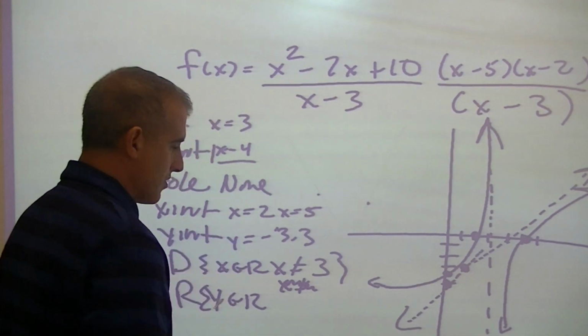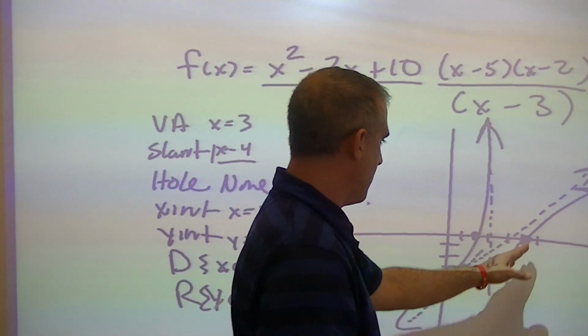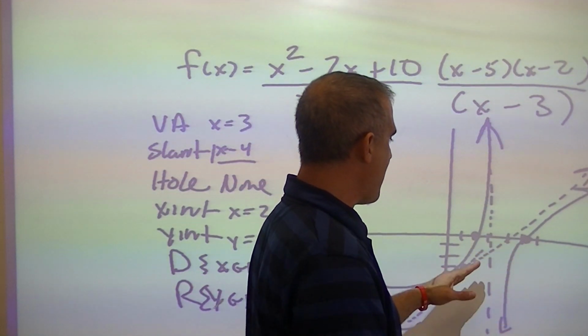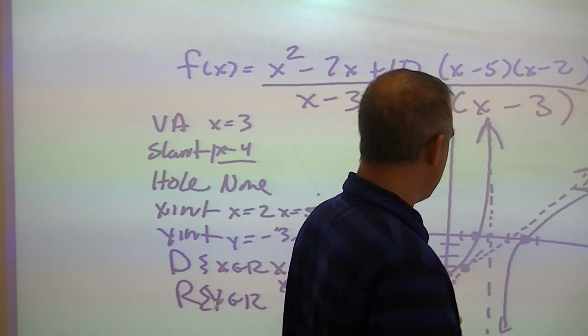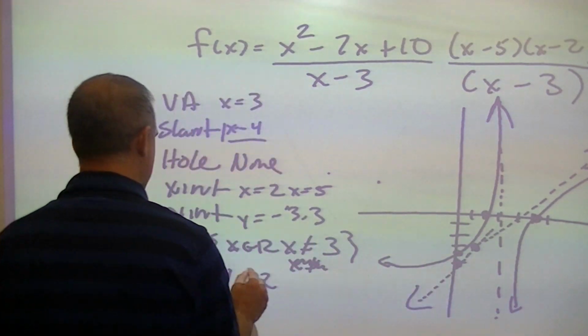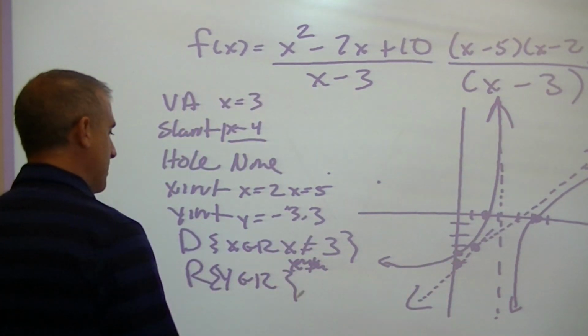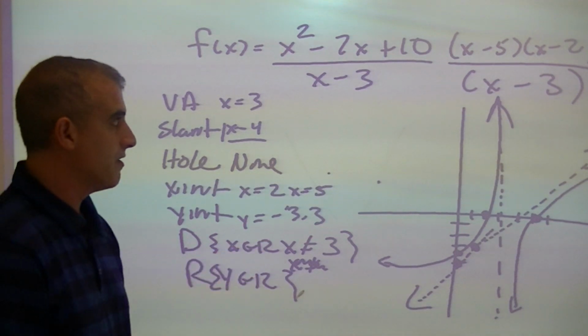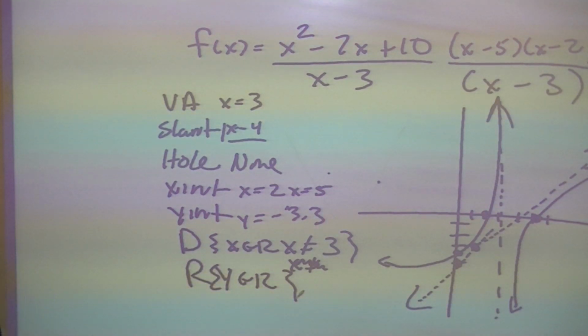Now, as you can see, there was no horizontal asymptote. So really, this thing is going on forever in this direction, this direction. So it's just all real numbers for the slant asymptote there. All right, let's go on to another. I'll do one more slant asymptote question, because I know those ones are the most challenging.